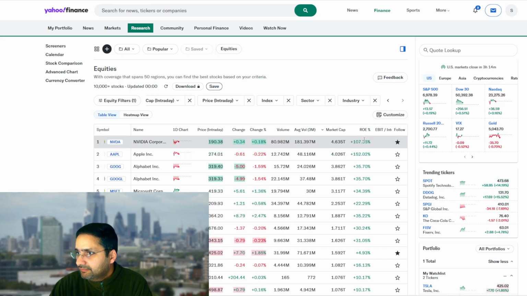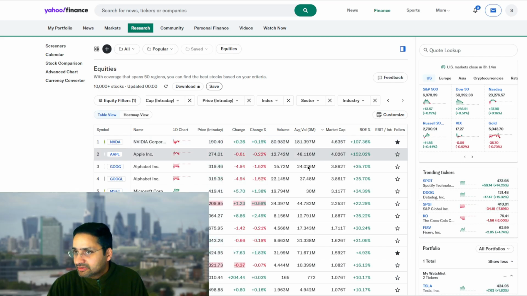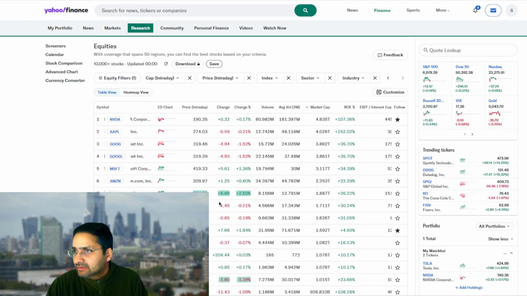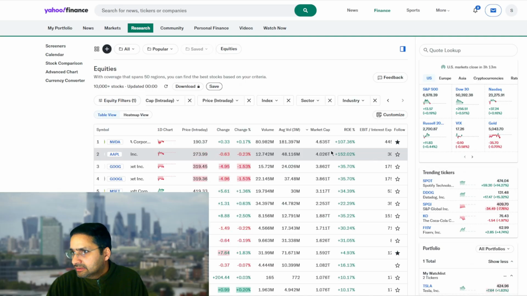So if you see, this Nvidia has done pretty well in the past 1 year, and it has produced an ROE of 107%, which is damn good, which is just pretty impressive. And if we just go a little bit to the right, and where is ROA?